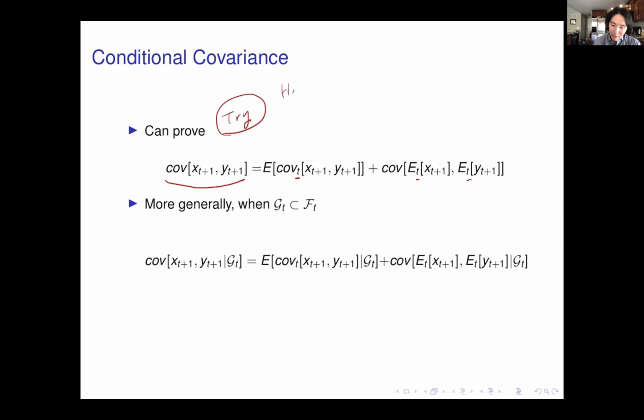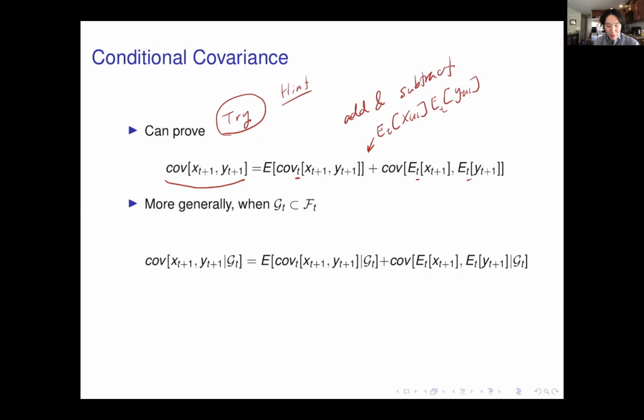What is the hint? The hint is to add and subtract here. Then you will find that.